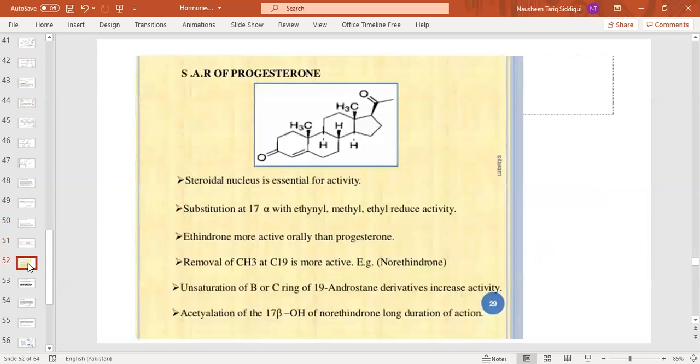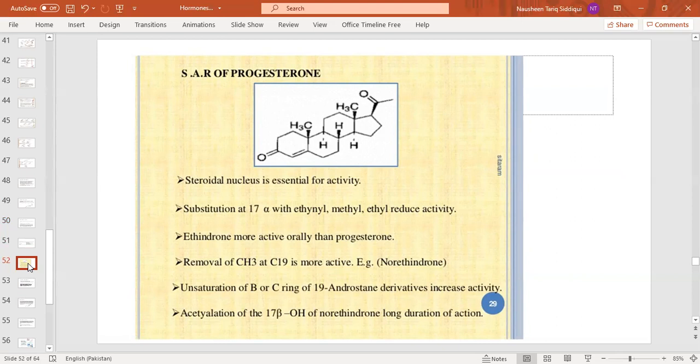We'll do a little SAR of progesterone. Okay, the steroidal nucleus is essential for activity. Substitution at 17 alpha with methyl or ethinyl reduces its activity, while norethindrone is more active orally than progesterone.